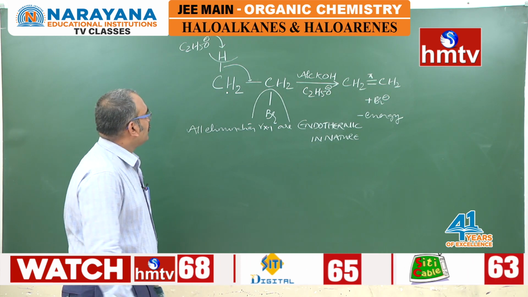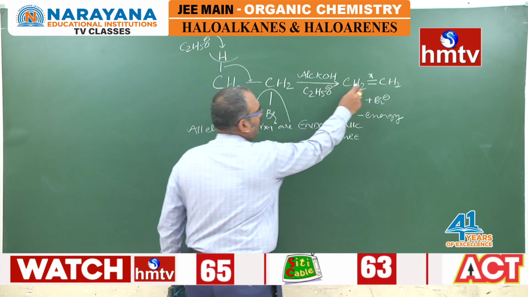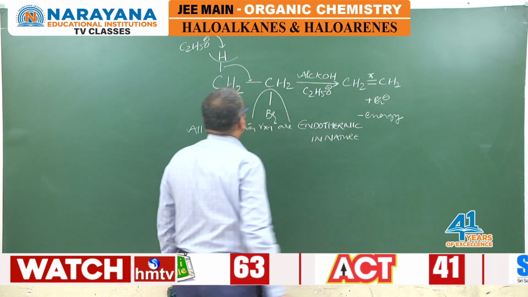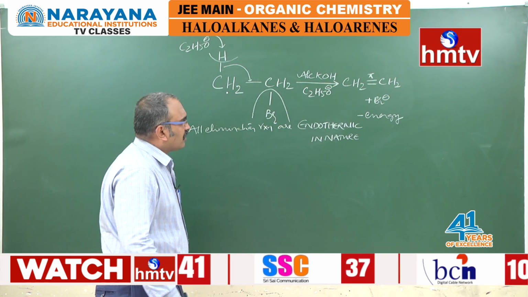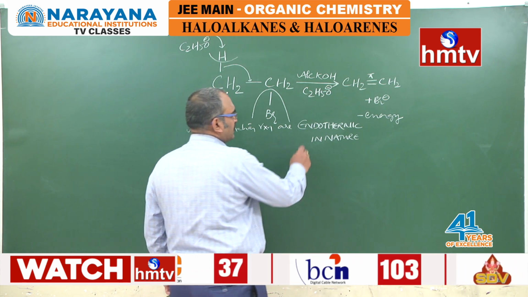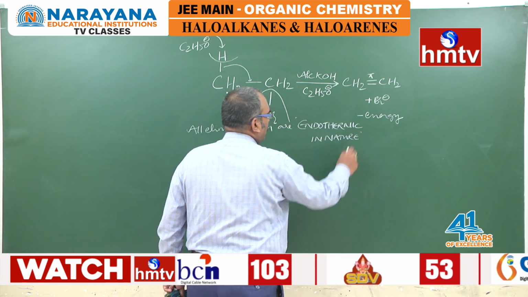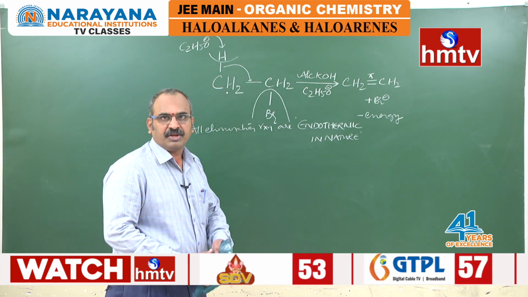During elimination reactions a sigma bond is broken and a pi bond is formed, a stronger bond is replaced by a weaker bond, energy is being consumed, and the reaction is endothermic.